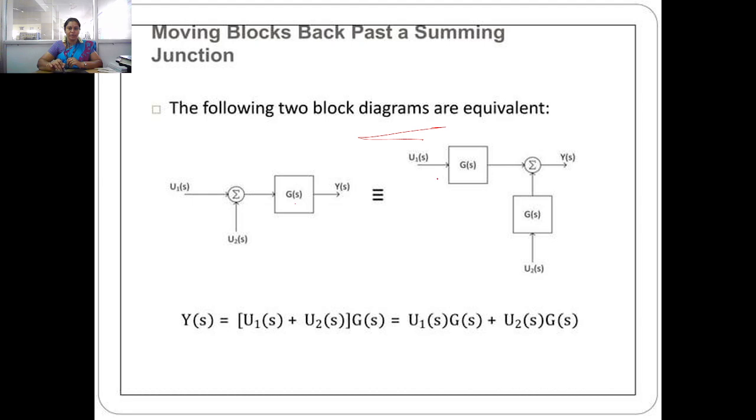How to simplify this one: here U(s) and previously G(s) into G(s) summation, that is, U1(s) plus U2(s) into G(s) equal to U1(s)G(s) plus U2(s)G(s). This is same, left and right are same.